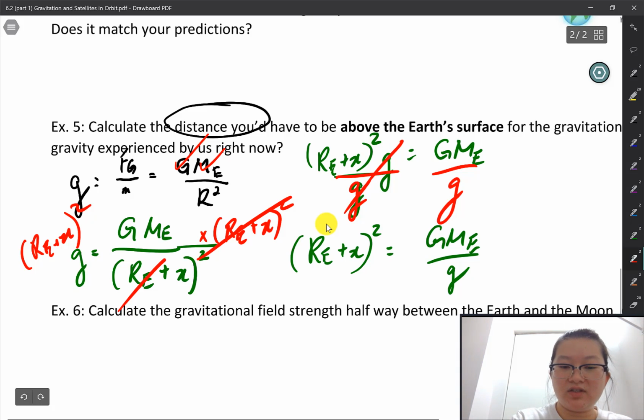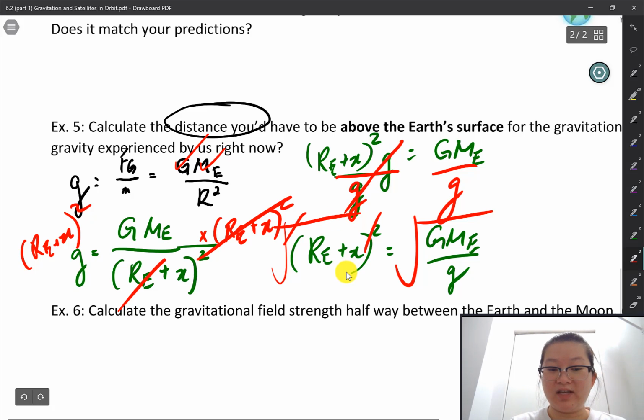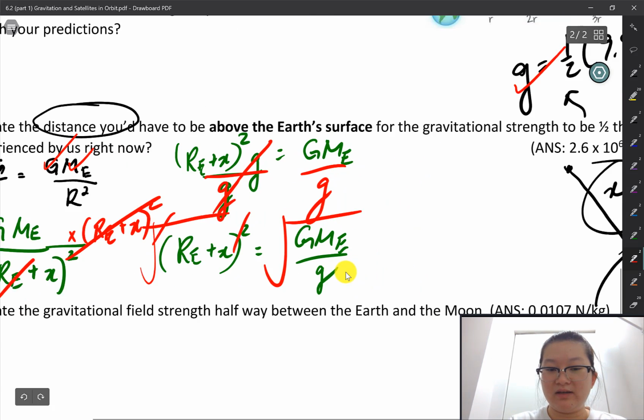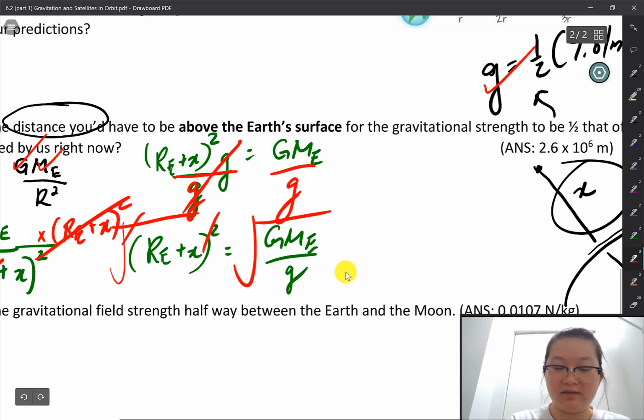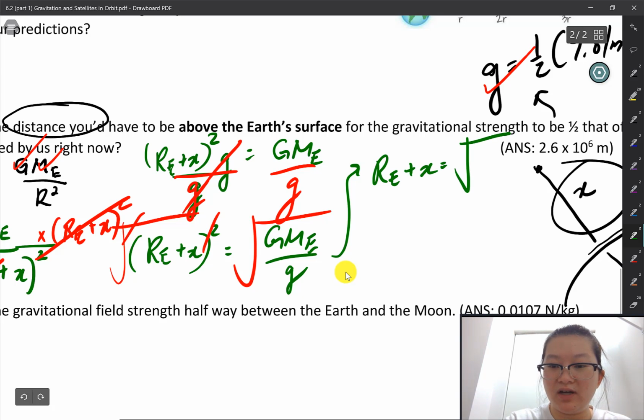Taking the square root, this just becomes labor work for doing the algebra steps, okay? But I'm going to do it. So RE plus x is going to be the square root of big G, big M over small g.